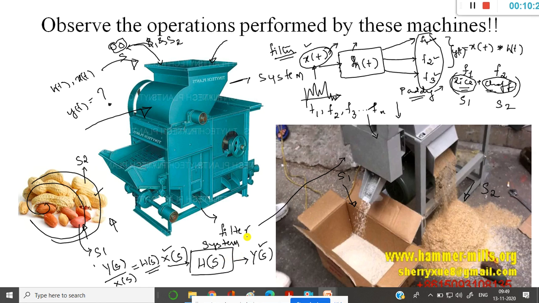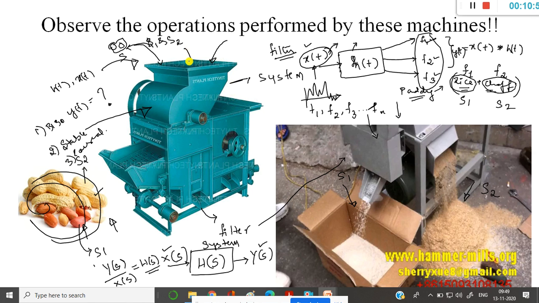So what are the conditions to meet for LTI systems? One is bounded input, bounded output, and another is stable and causal, right? And the system is memoryless, right?